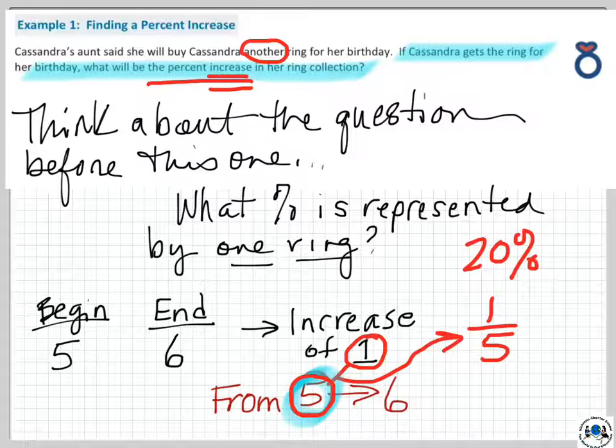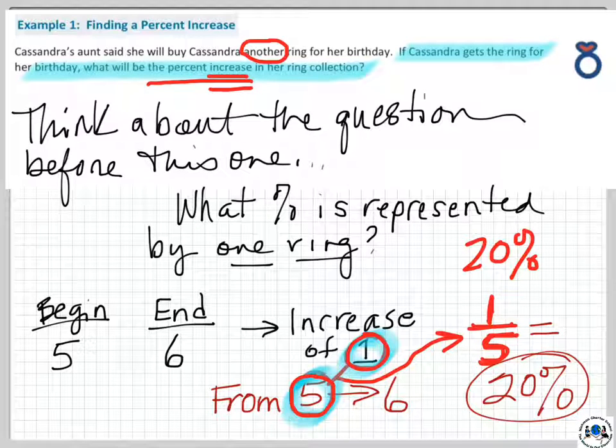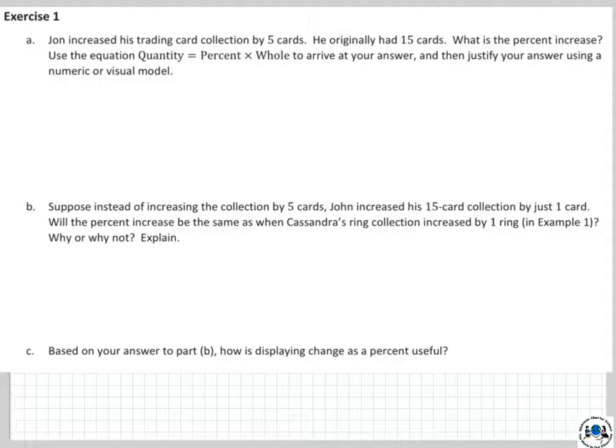So we are comparing the increase, which was 1, to the original number, which was 5, and that's where we get this 1 over 5. If we do the math, 1 over 5 is the same as 20%. So her ring collection will increase by 20%.